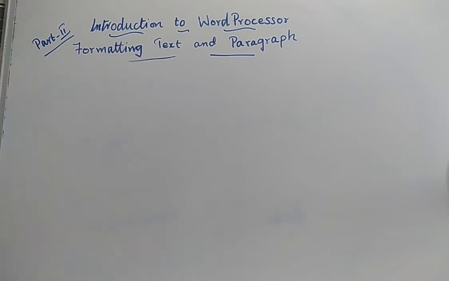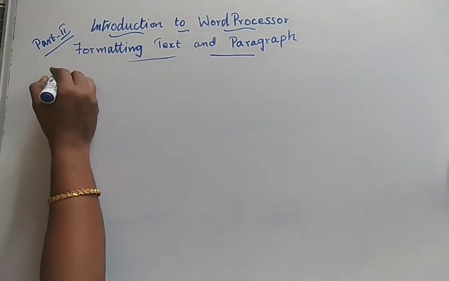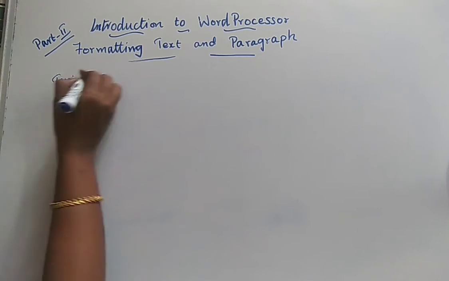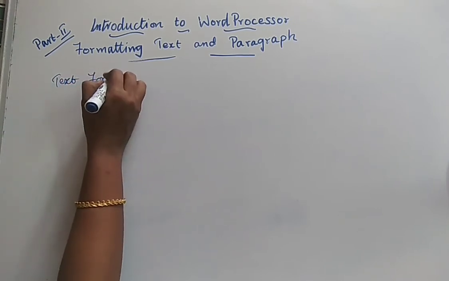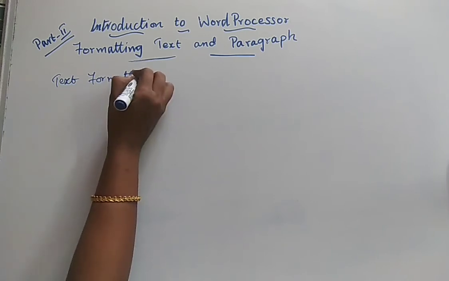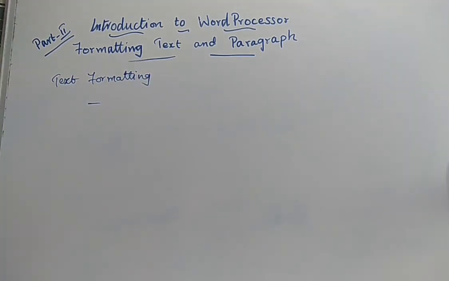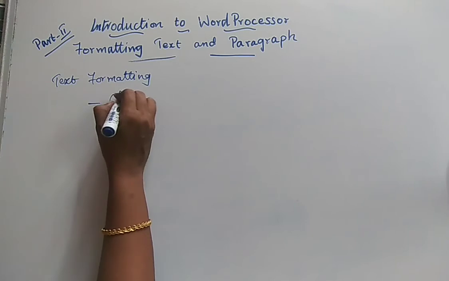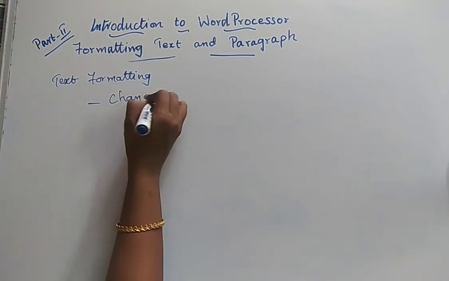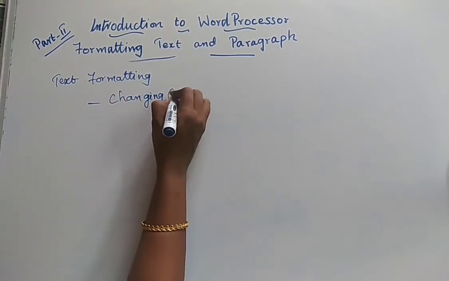First it is text formatting. In that, we discussed the definition of formatting. Next we discussed bold, italic, underline. Next we discussed changing case, that is uppercase, lowercase, and toggle case.